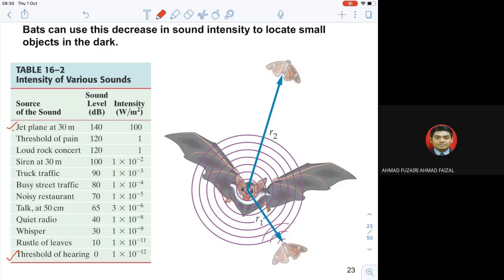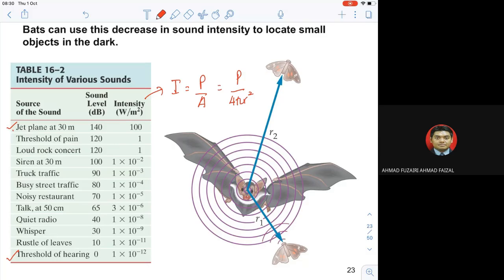In sound, we will have two types of unit. We are saying intensity will have two types of unit. Number one is sound intensity, the one that we did earlier, which means P over A, or P over 4 pi R squared.